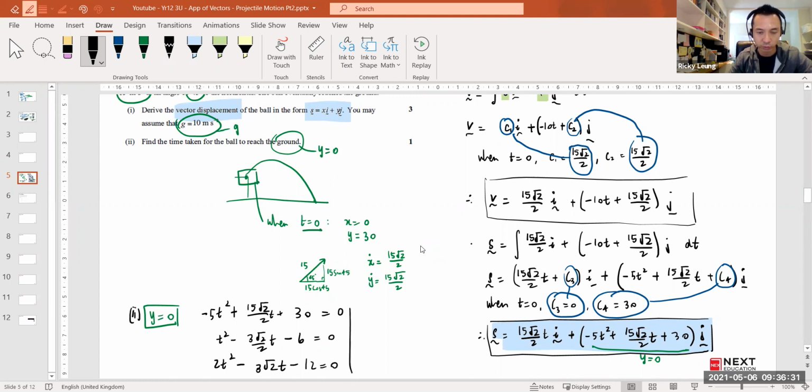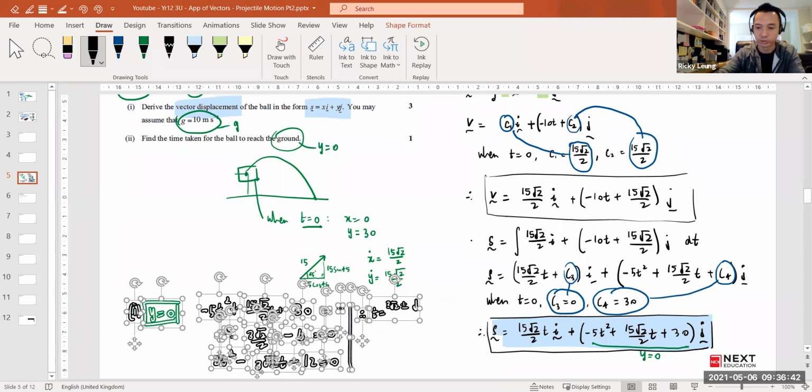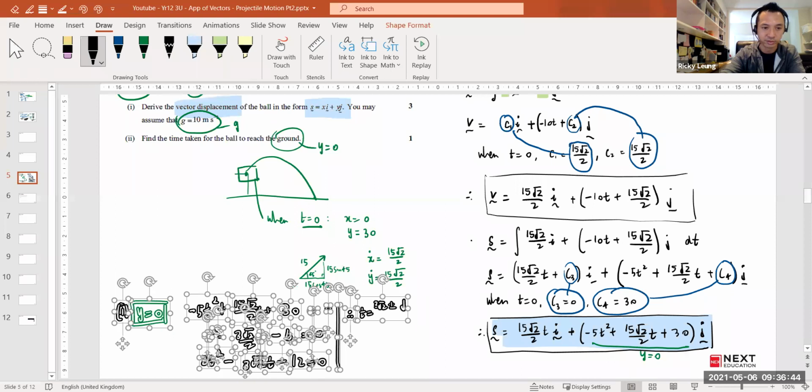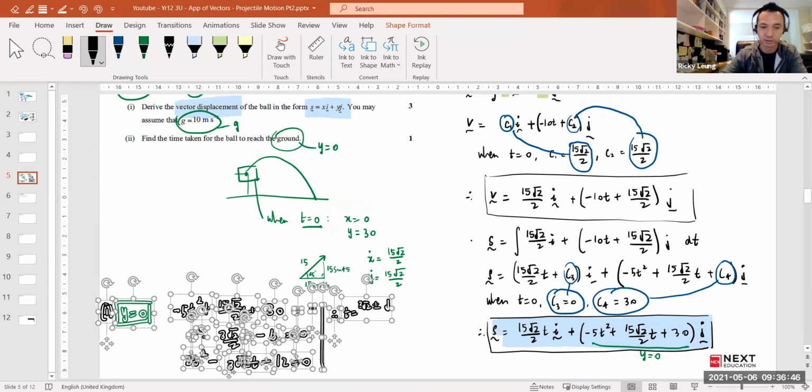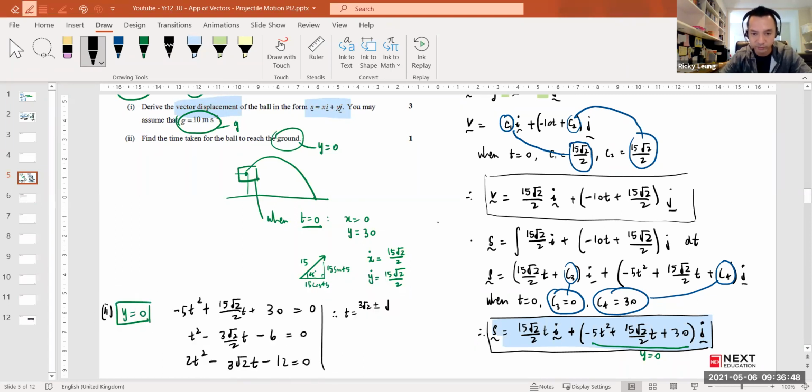So using the quadratic formula on this, I got t equals 3 root 2 plus or minus the root of 3 root 2 squared, which is 18, minus 4ac, over 2 times a.